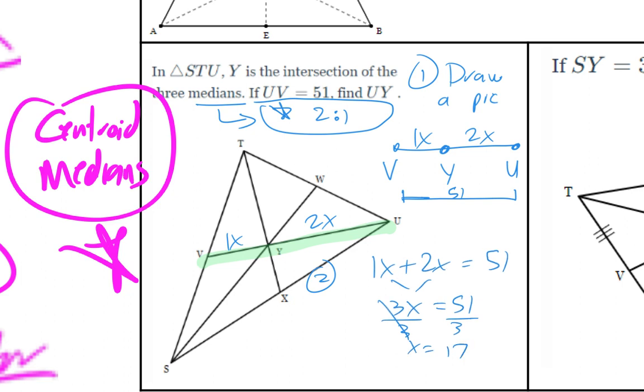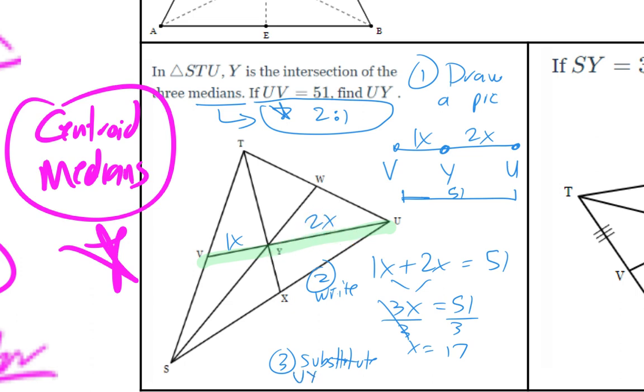Okay, but now here's the critical thing. We need to substitute. Okay, so the second step is we need to write our equation. So substitute. Well, what are they looking for? They want UY. So UY is right over here. UY is 2x.